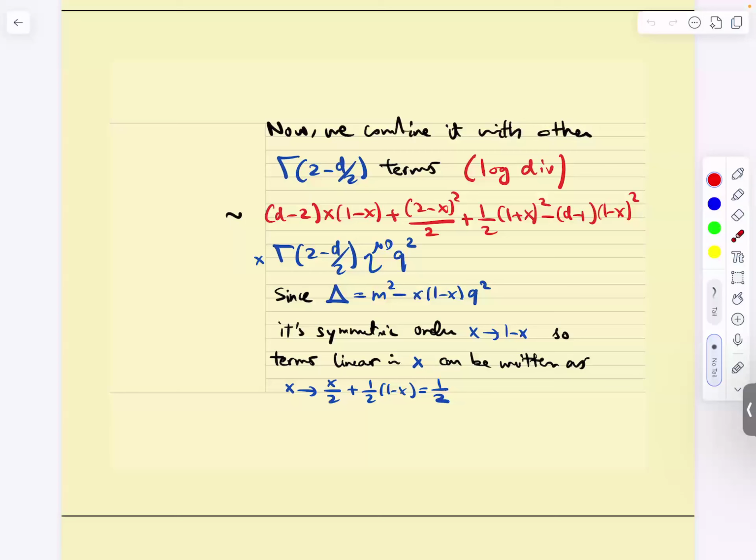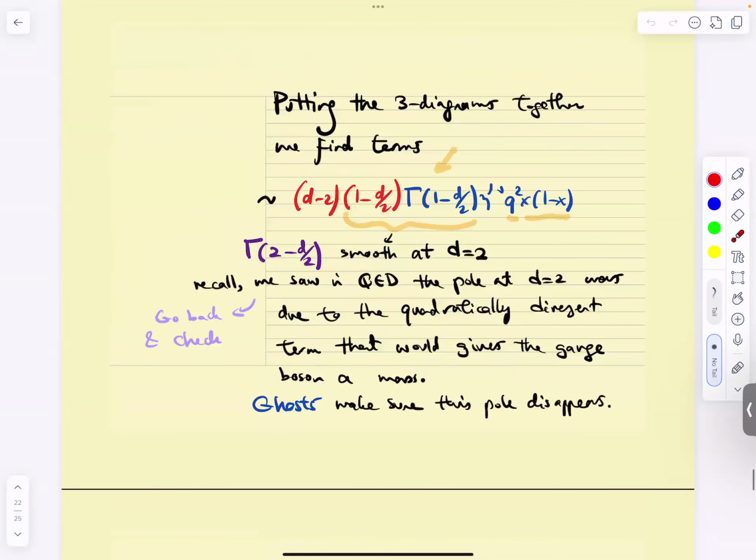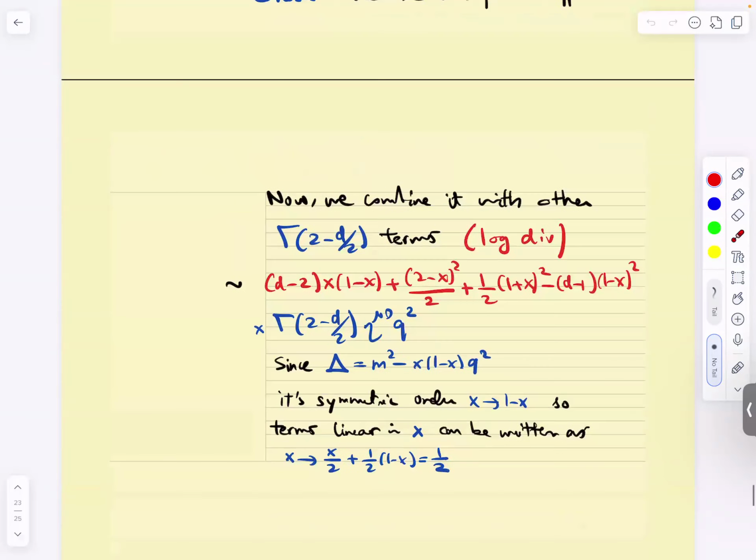Now consider the coefficient of the term, which is the gamma of 2 minus d over 2. Let's look at the poles at d equal 4, so the log divergent terms. This is the coefficient of it times the gamma function 2 minus d over 2 eta q squared.